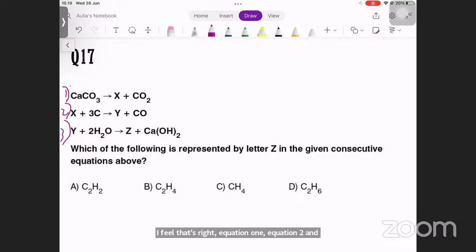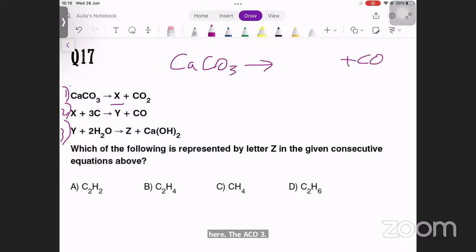Okay. So in equation A, in the reactant we have CaCO3. In the product, we have CO2. So we can conclude that X here is actually the leftover elements. So let me rewrite it here. CaCO3 becomes X plus CO2.